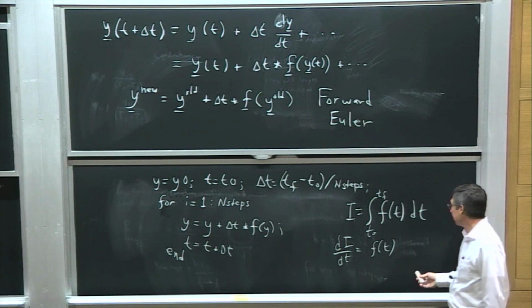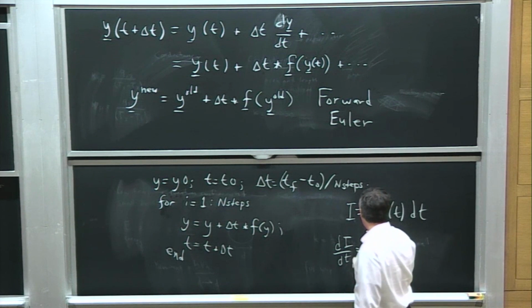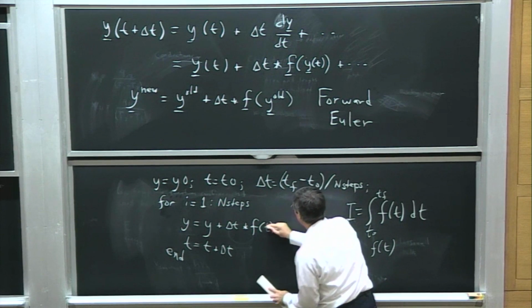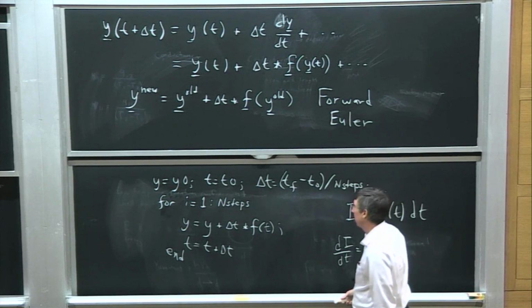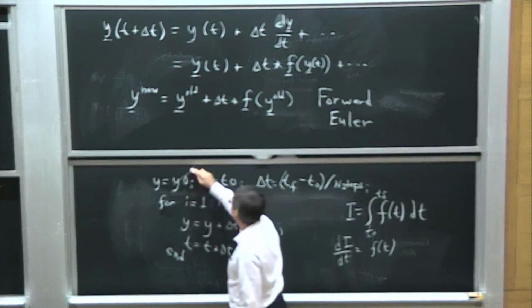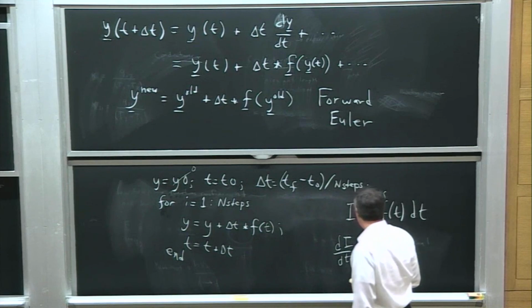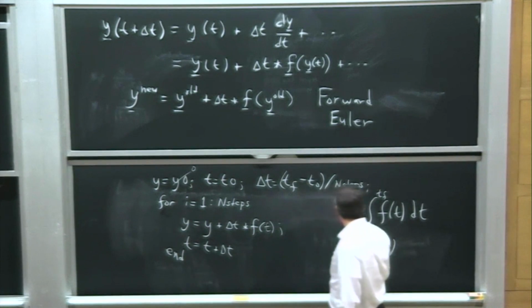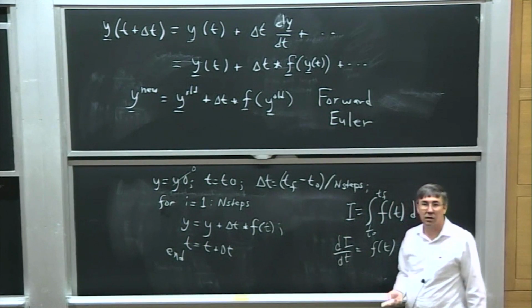Right? And so if I was going to do the rectangle rule, it would look just the same as this, except this would be f of t. And maybe I would pick y0 to be 0. And the final value of y I would get to would be my integral, my I value that I want.